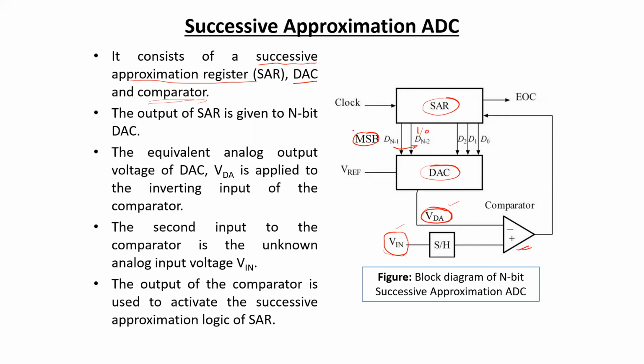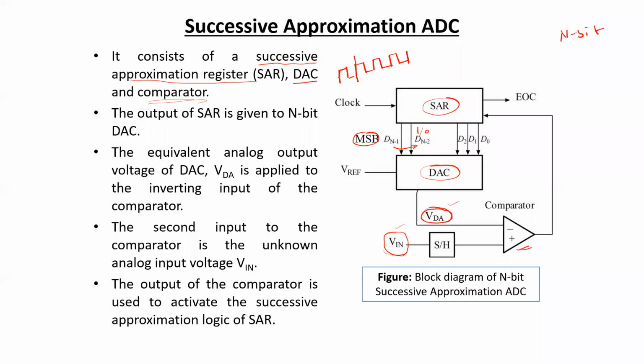In this way, successively it checks all the n bits, up to the LSB. At each cycle, it decides whether that particular bit should be set to 1 or kept at 0. So this register, the SAR, operates with respect to a clock pulse.